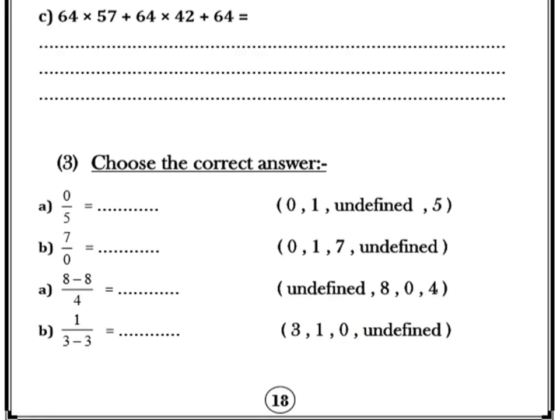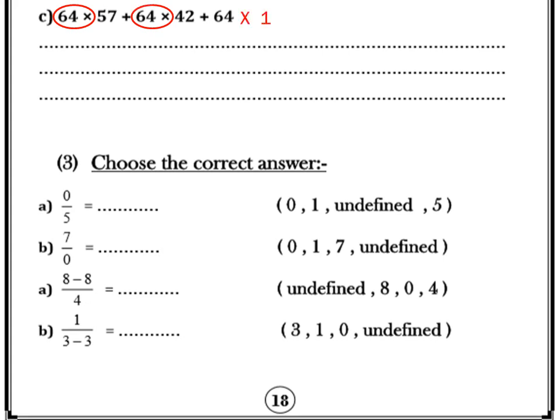And now in letter C, 64 times 57 plus 64 times 42 plus 64 only. So here we have case 2. We are going to collect the repeated number and make times 1 for the missing number. Here we have 64 times, 64 times, and 64 alone without the times.